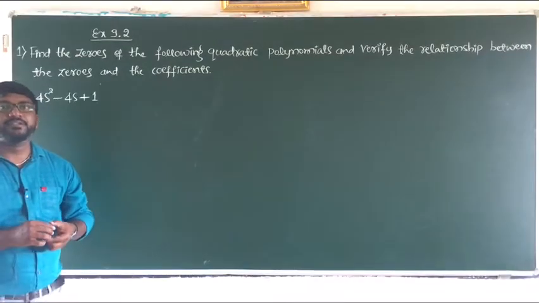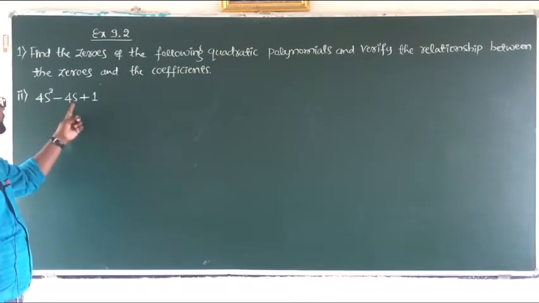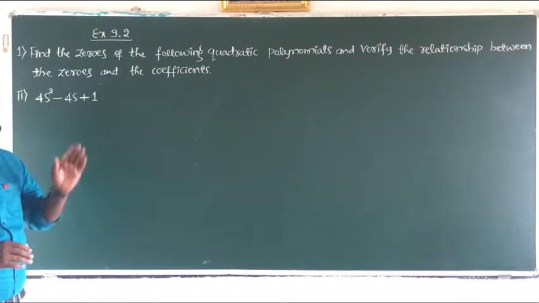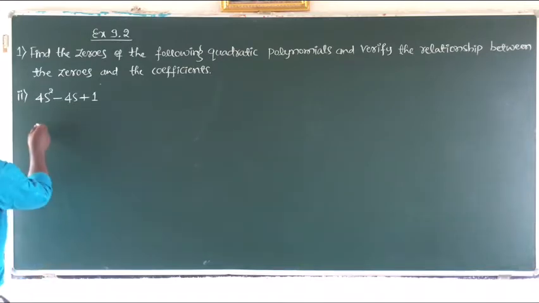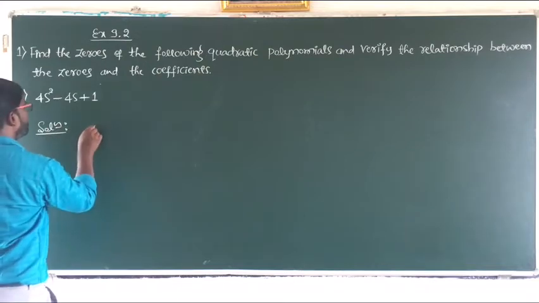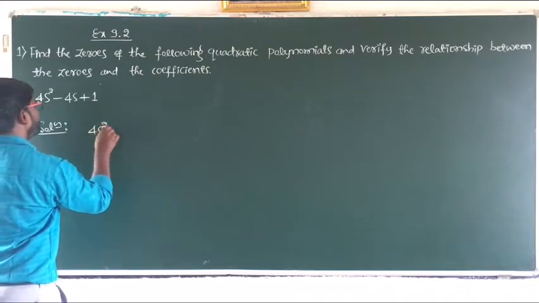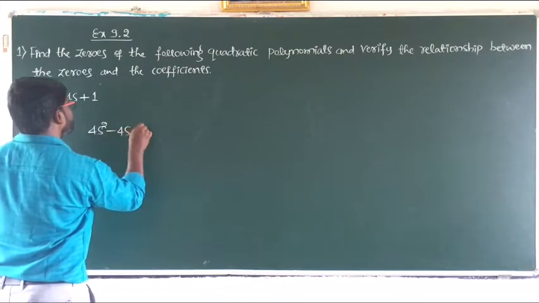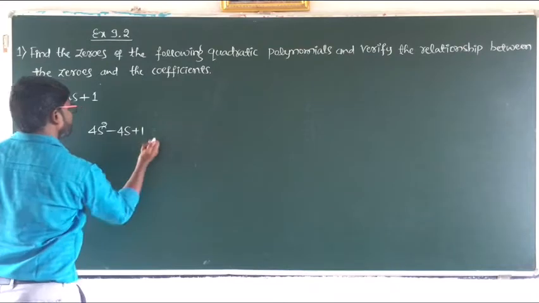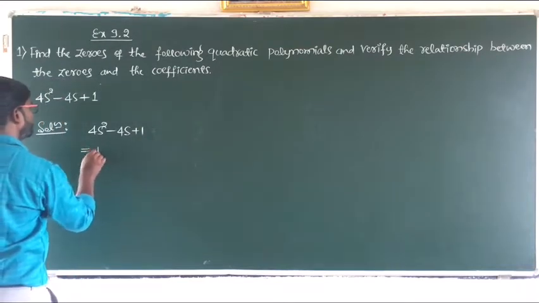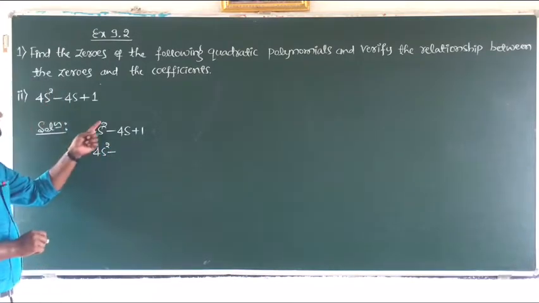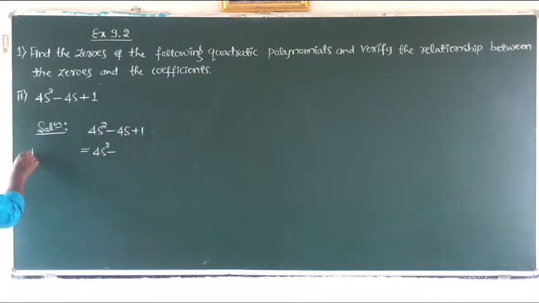The second sub question is 4s square minus 4s plus 1. For this quadratic polynomial we have to find the zeros and then verify the relationship. Let us go ahead. 4s square minus 4s plus 1. Multiply the first and last term, the product is 4s square.